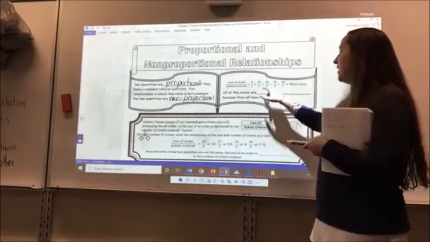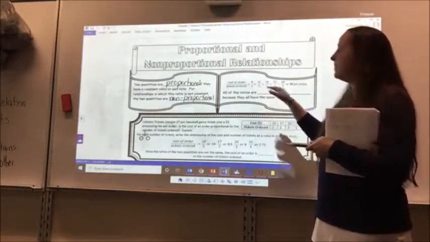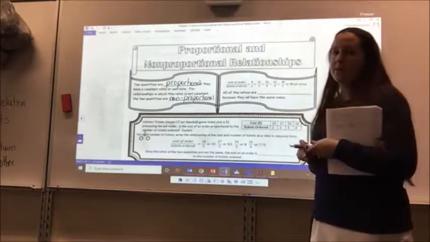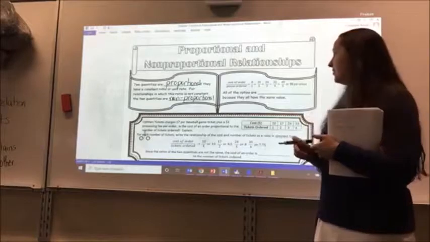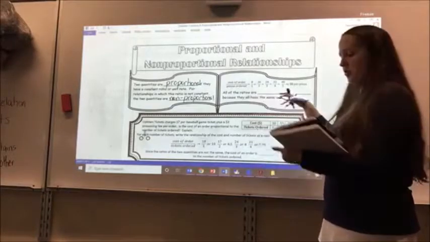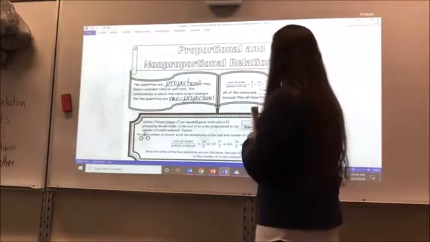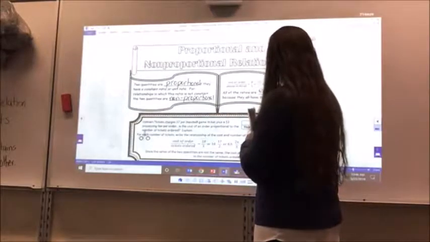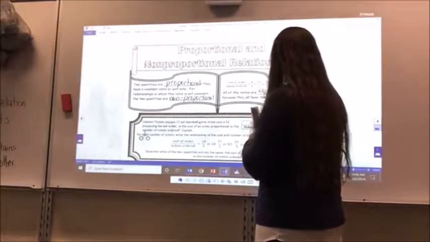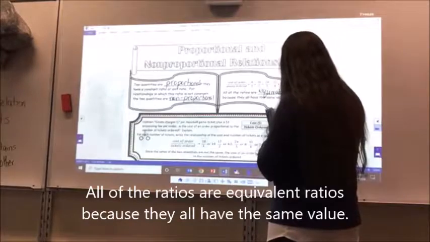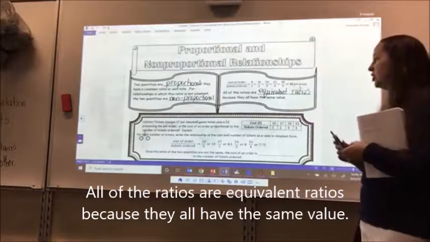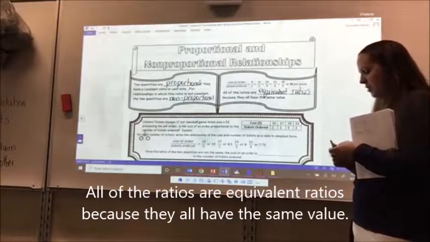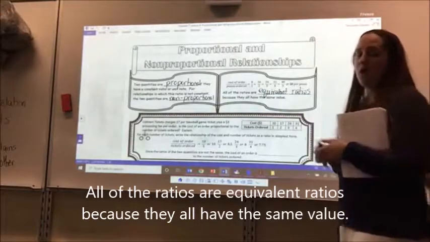When I divide, 16 divided by 2 gives me 8, 24 divided by 3 gives me 8, 32 divided by 4 gives me 8, and 40 divided by 5 gives me 8. So all the ratios are equivalent ratios because they all have the same value. When I simplify them, they're all equal to 8.